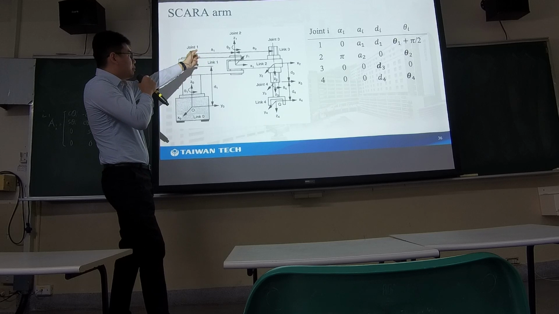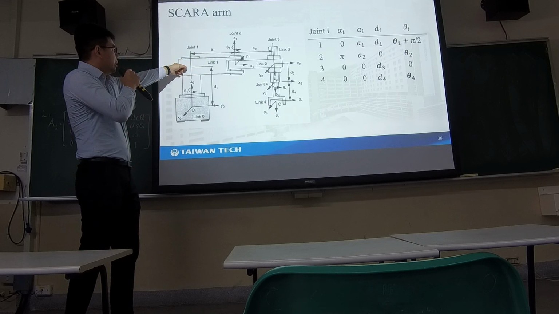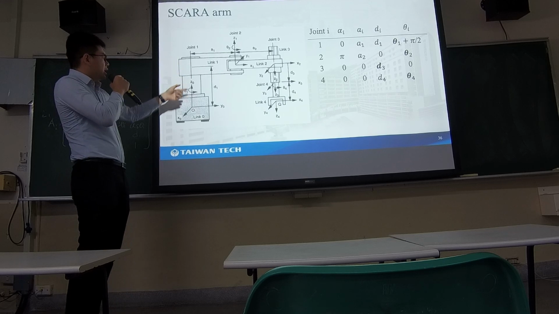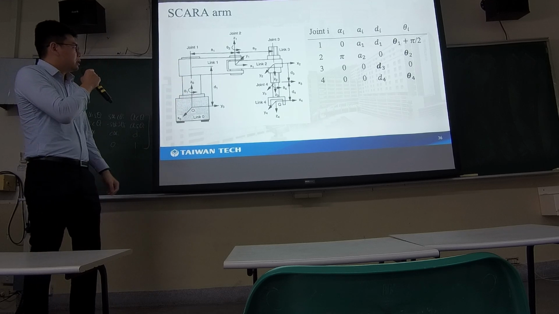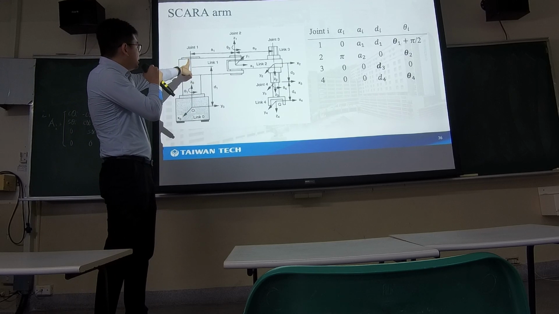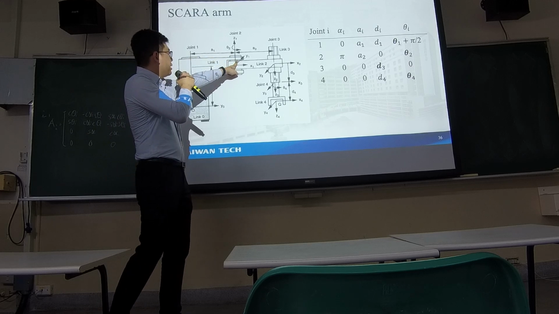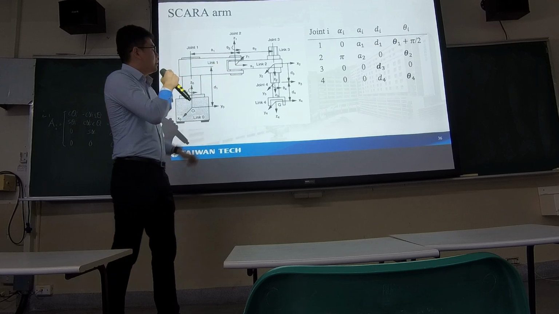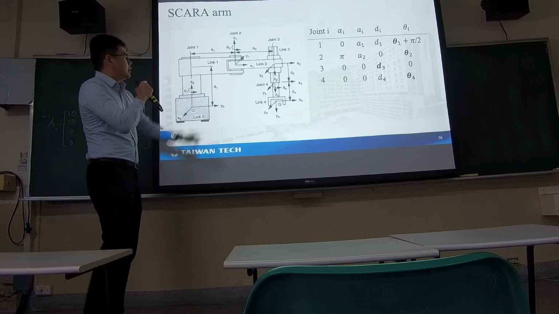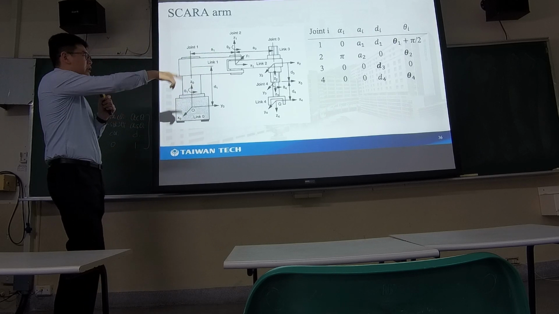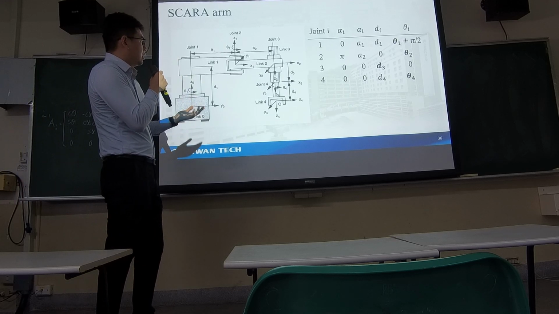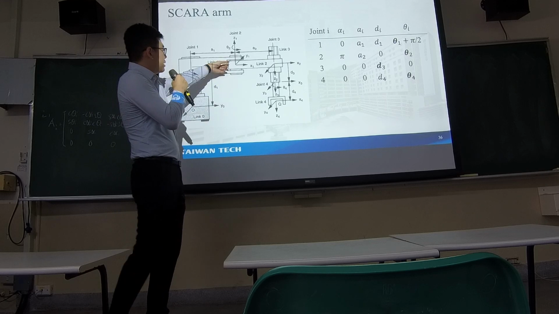This 90 degree will be in the theta 1 degree. And also because this rotates, so we have variables. And from this joint, the z0 to z1 along the x1, so it's a1. So we have the parameters for this form, and I think the others are the same.